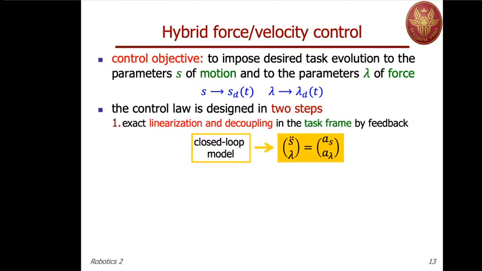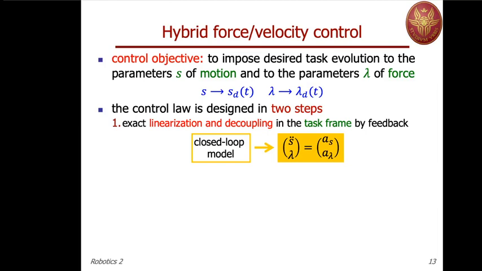The first one will linearize and decouple exactly the behavior, but now in a different frame, not in the joint space, not in the Cartesian space, but in the task space, so in the space where we have put the task frame. So we'll use nonlinear feedback to do this, and the closed loop model will be exactly the one described in the yellow box.